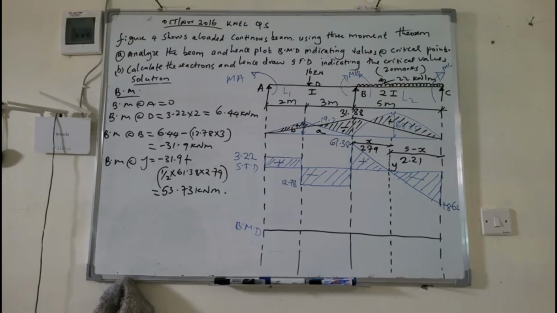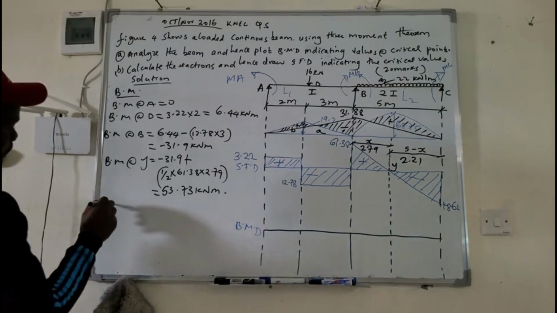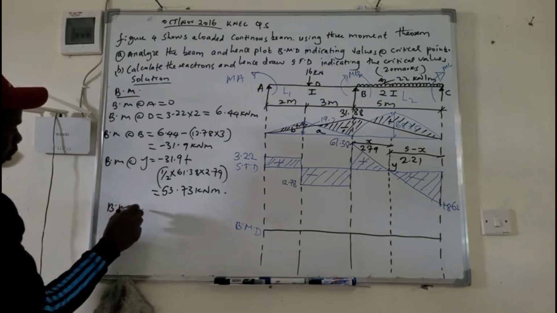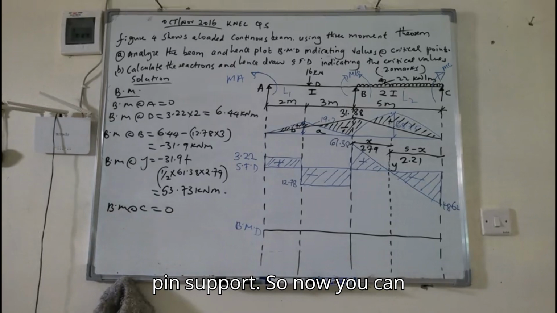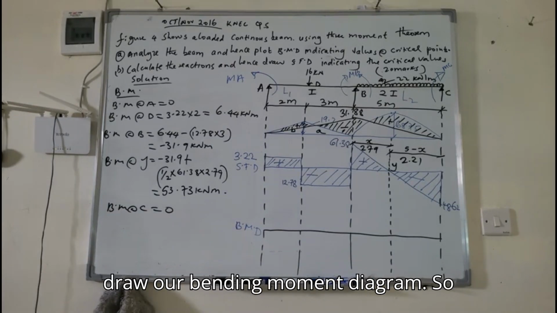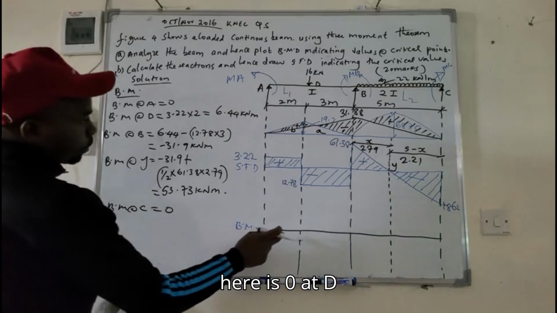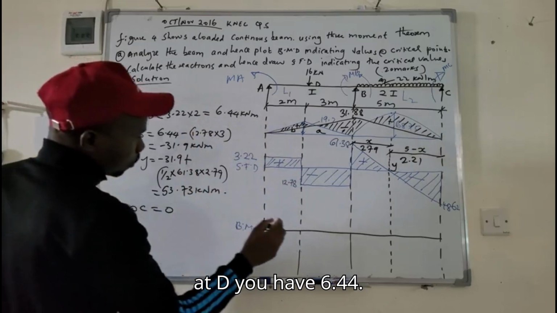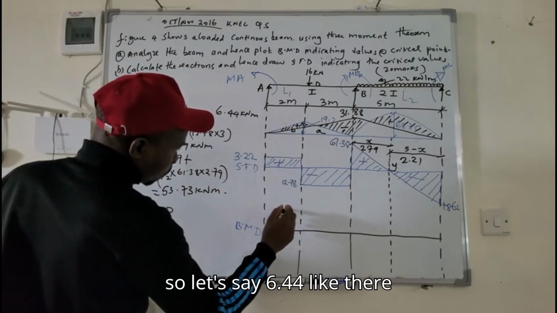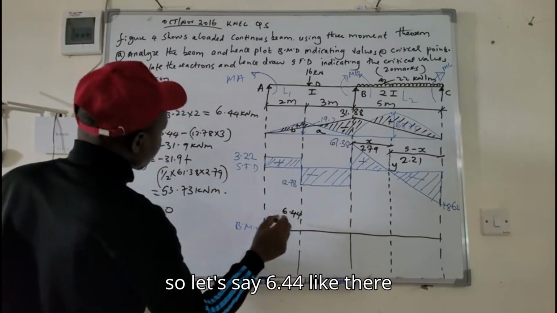And bending moment at C is equal to 0 because it is a pin support. So now you can draw our bending moment diagram. So here is 0. At D you have 6.44. So let's say 6.44 like there.